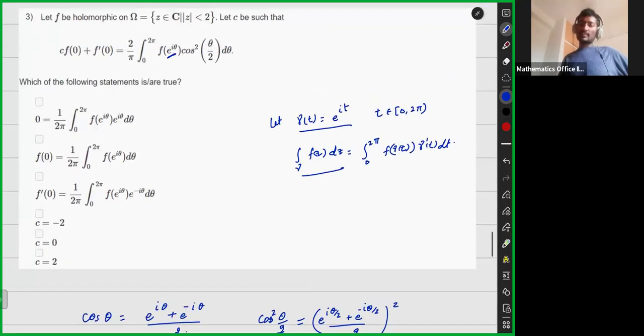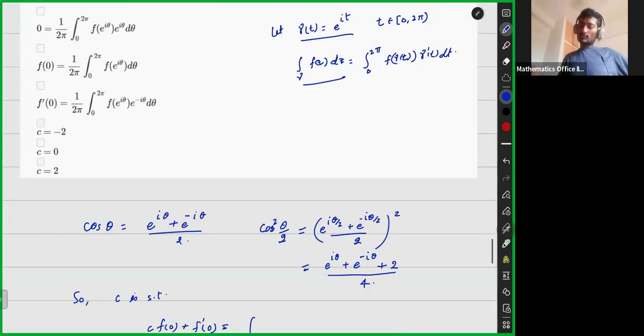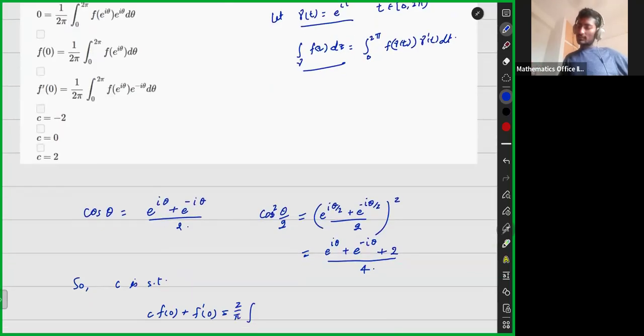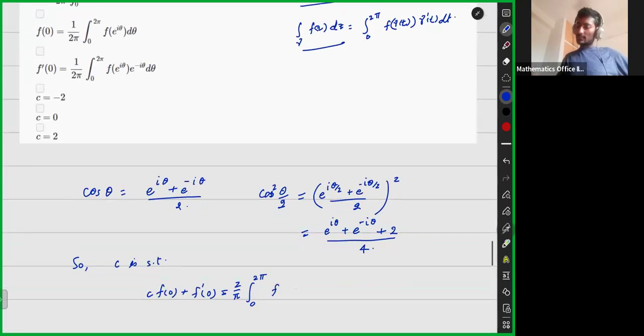So we put it here. We have this condition. So c is such that c into f of 0 plus f prime of 0 is equal to 2 by pi, integral from 0 to 2 pi of f of e power i theta into e power i theta plus minus i theta plus 2 by 2 theta.